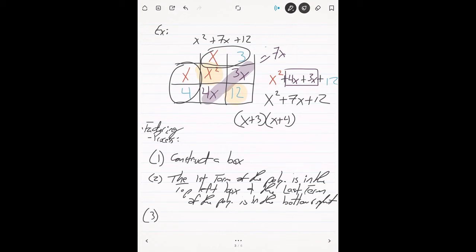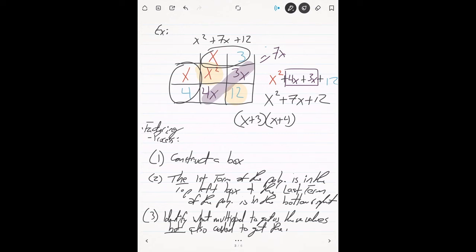We can say that we need to identify what multiplied to get us these values, the x squared and the 12, but also added to get the middle value.